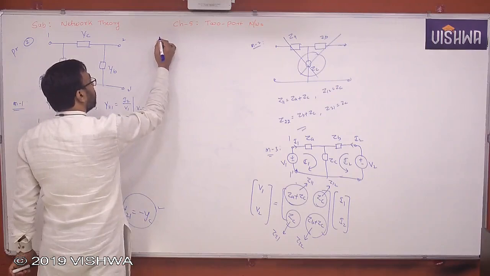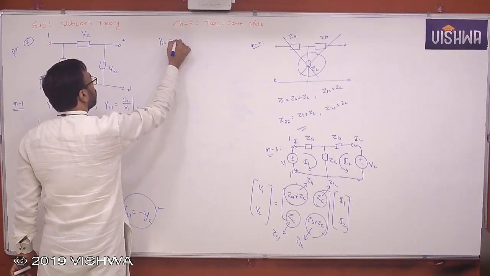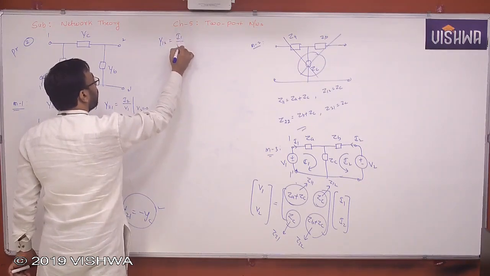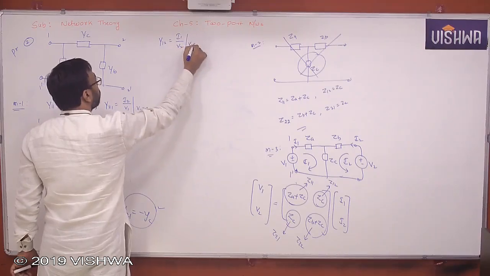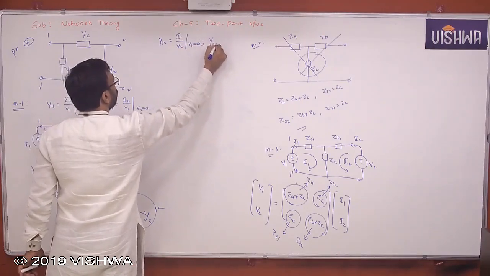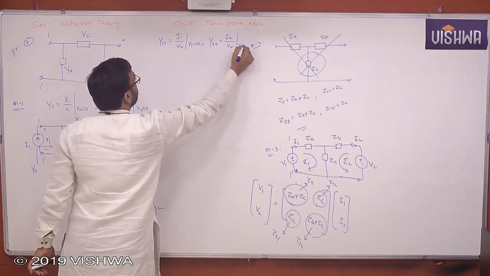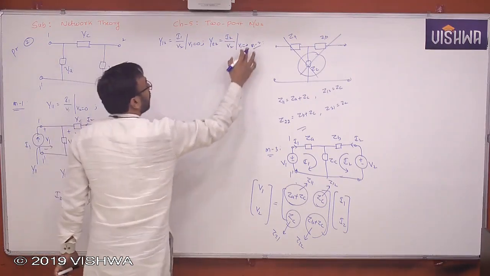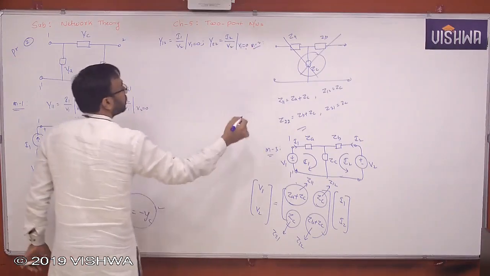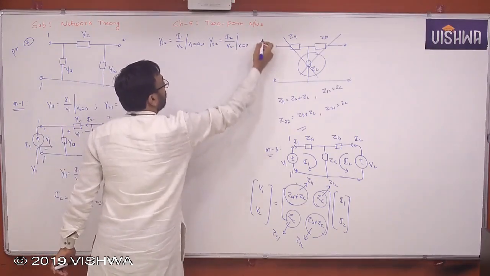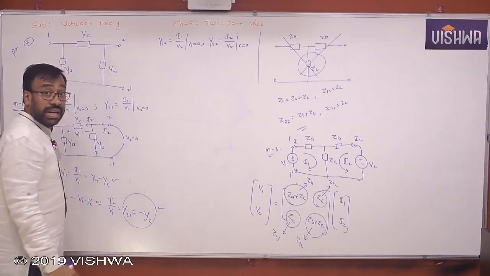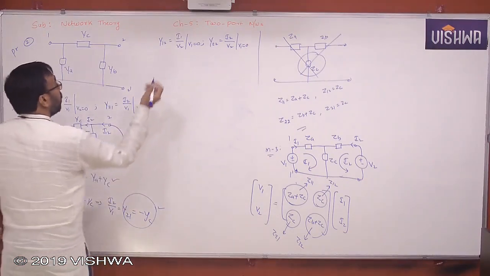Now, another definition is what? Y12 is equal to I1 by V2 when V1 is 0. And Y22 is equal to I2 by V2 when V1 is 0. Clear all of you, okay? V1 is 0. Now, what do you get here?